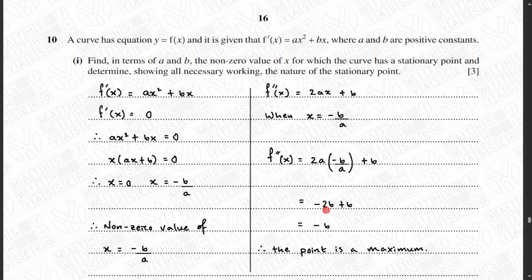Simplifying this, we get negative 2b plus b, and the answer would be minus b. Since we can see in the question that a and b are positive constants, negative b must be a negative constant, and that determines that the point is a maximum point.